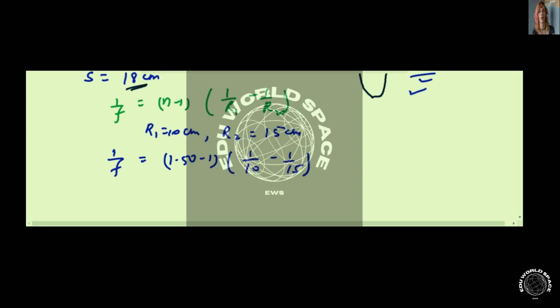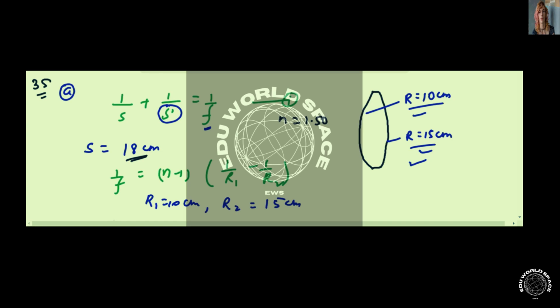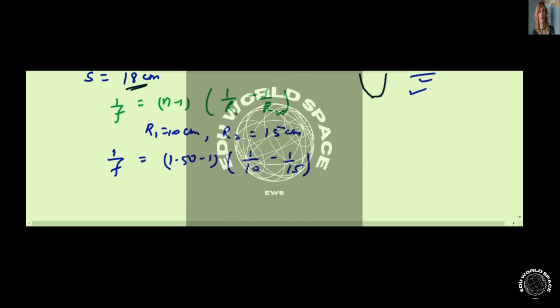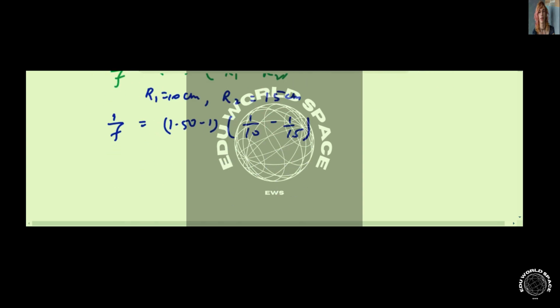One more thing to note is that r2 must be negative, as the object is taken on the left side. So let us write minus 15 over here.